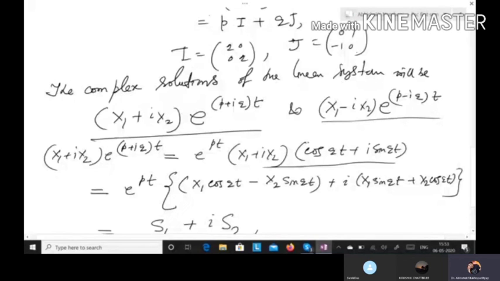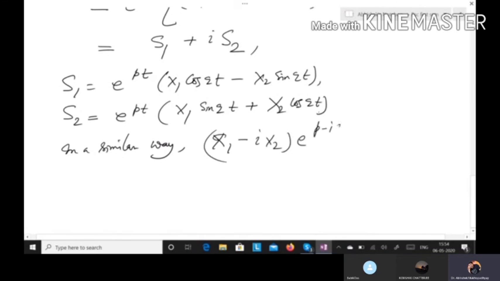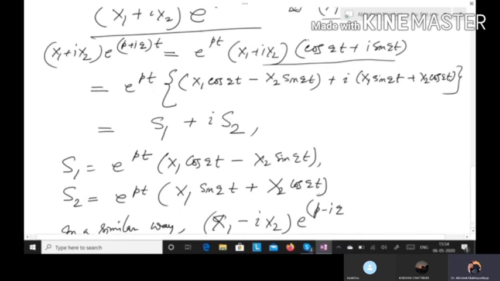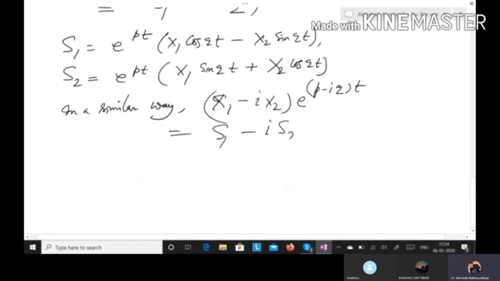So in a similar way, x1 minus ix2 e to the power (p minus iq)t, it is s1 minus is2, where s1 is the vector above, and s2 has been defined above.